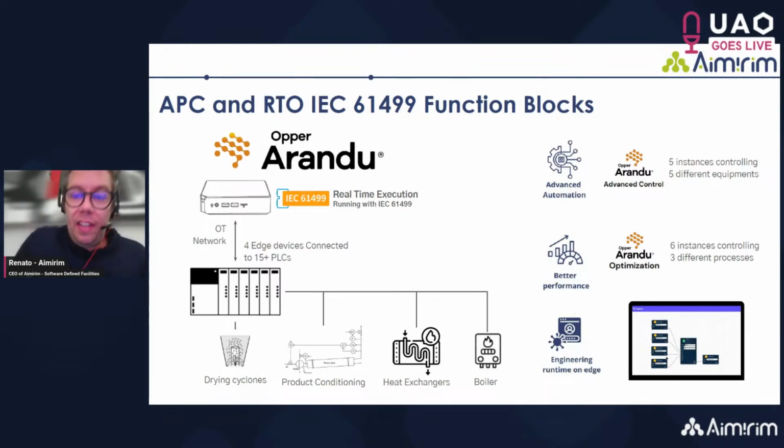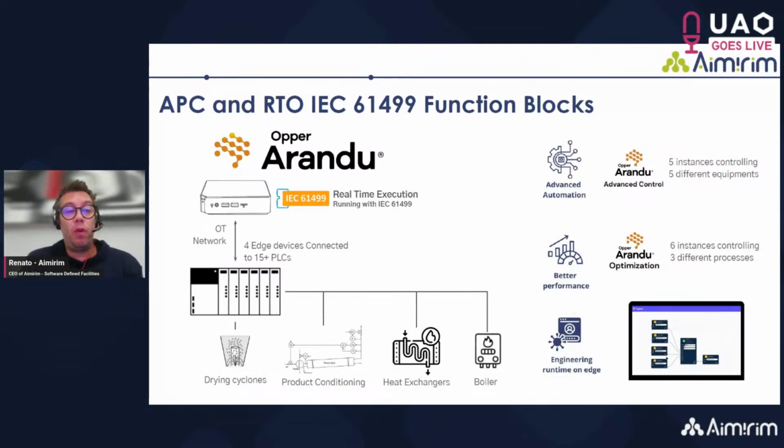Then we start having the possibility to take decisions with the data we are accessing. For example, you can see advanced process control and real-time optimization as a function block on 61499 that can be seen as a way of taking decisions with your data in real time. So we have a real-time execution running on the Aimirim edge.